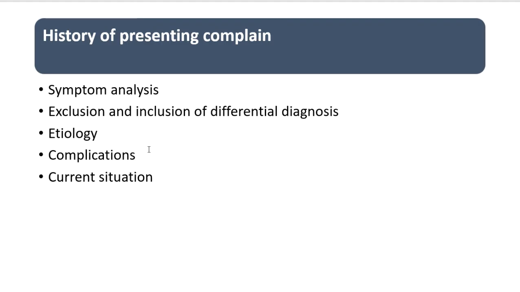Then etiology, which means the causes. Then the complications, then the current situation, what things you have done. Now, to make this slide clear, I will take that previous generalized body swelling patient and give you some examples.